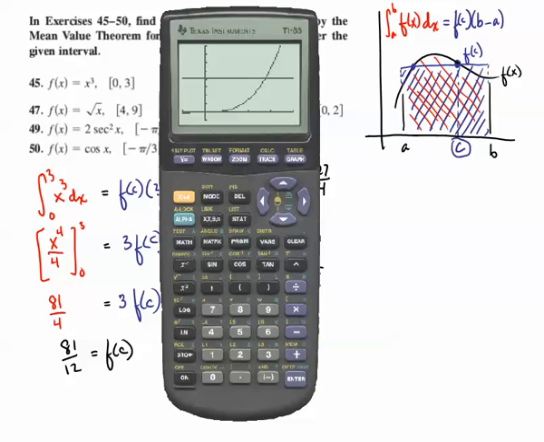I apologize, what I'm looking for here is not 20.25. I need to put in the 81 over 12 and find out where that is equal to the height of the curve. So I'm going to go back and change this real quick.